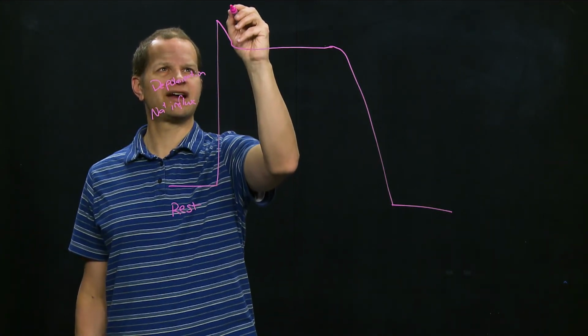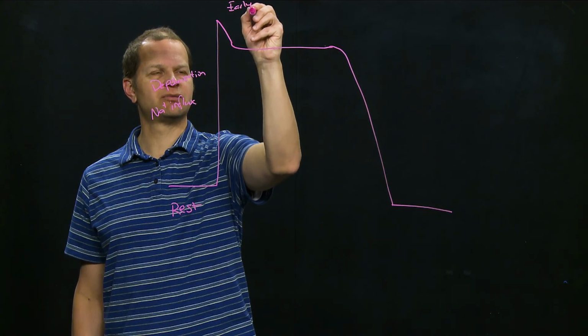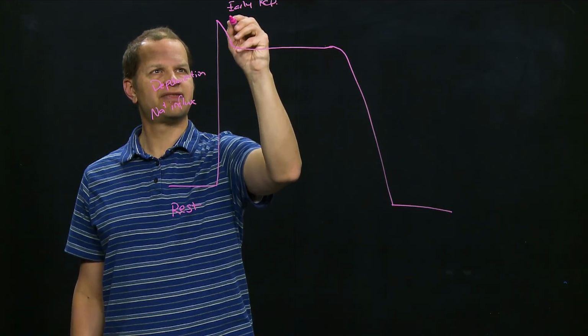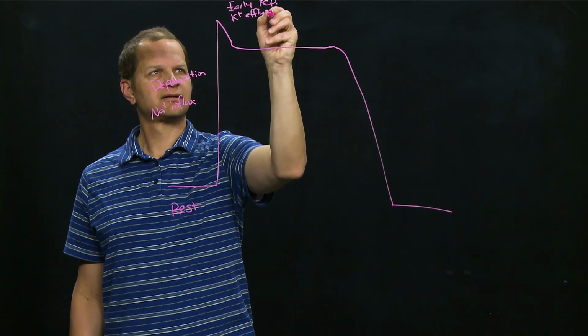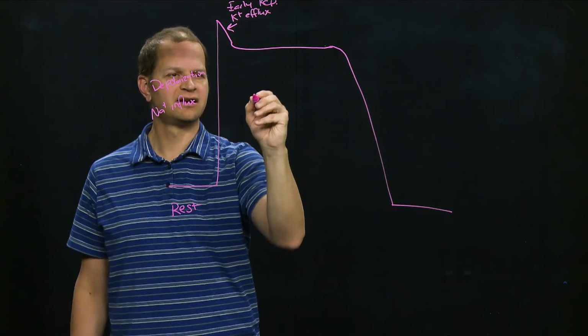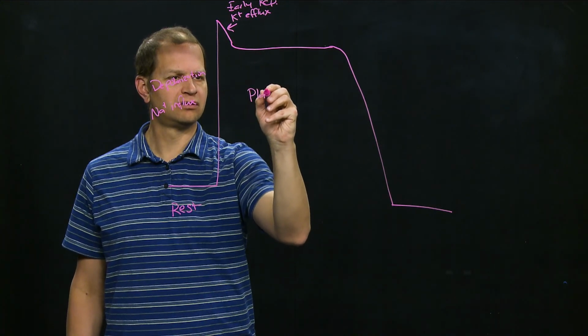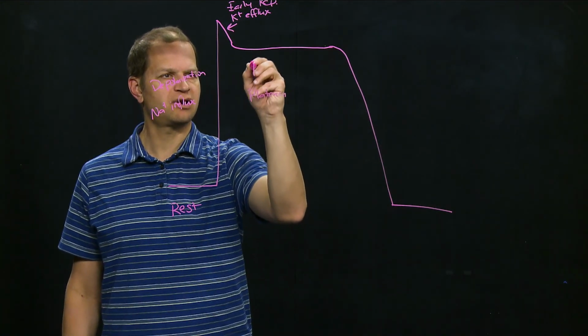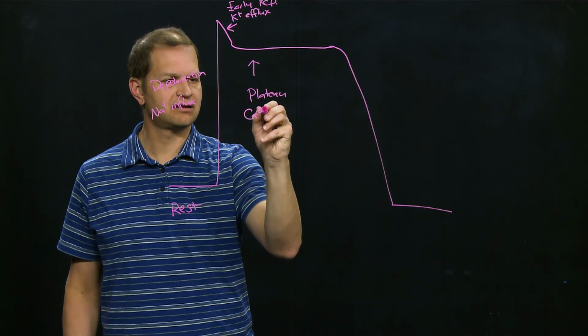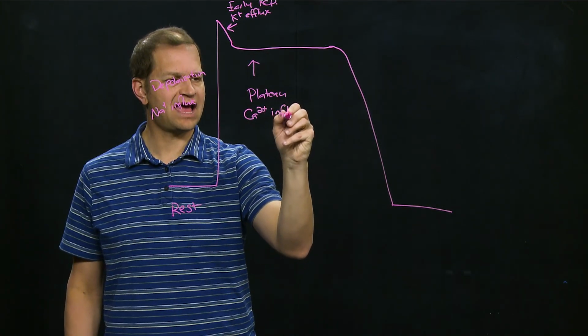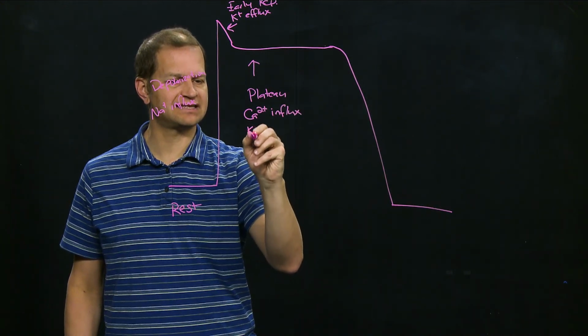Okay, up here we've got early repolarization. I'm just going to abbreviate here. Remember, repolarization is always potassium efflux. So just to be clear, we're talking there. Then we've got the plateau, which is this part here, caused by two things. We have calcium going in, but that is counteracted or offset by potassium going out.